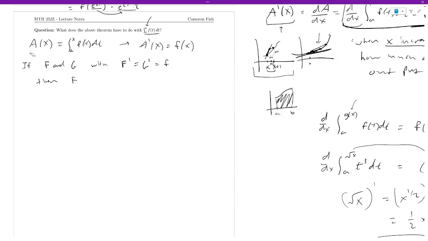So maybe I'll write f of x here. Then the function big F of x has to actually match the function big G, but maybe plus a constant.